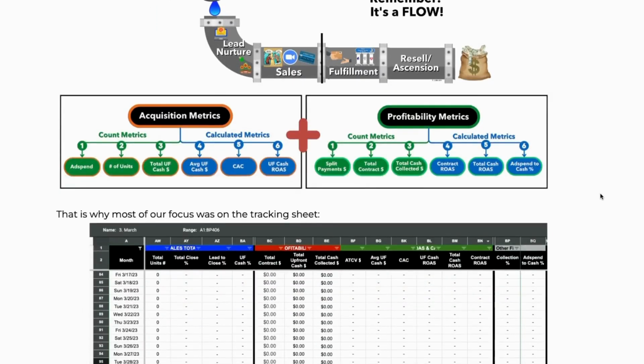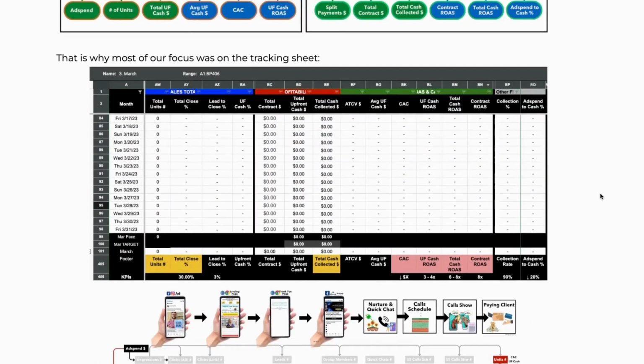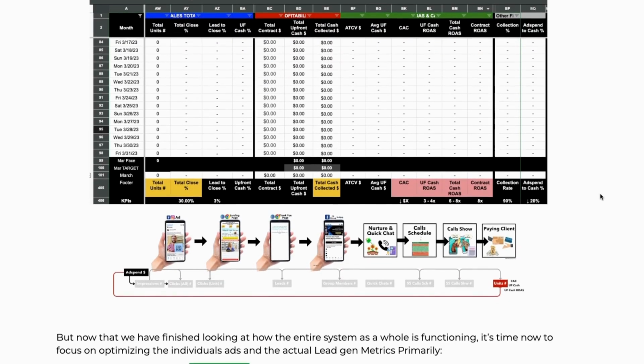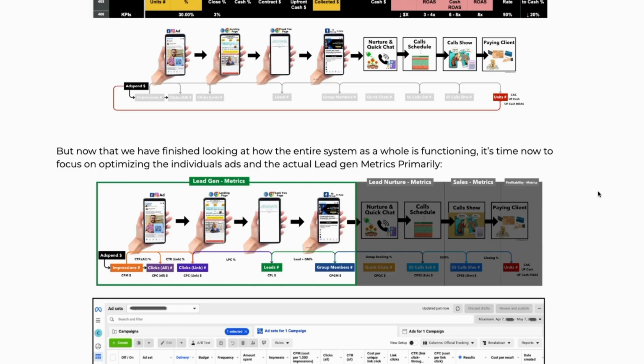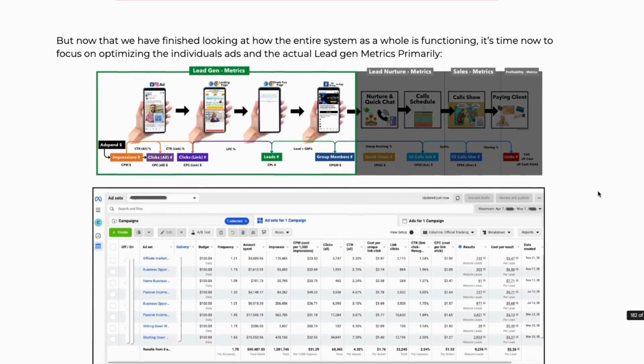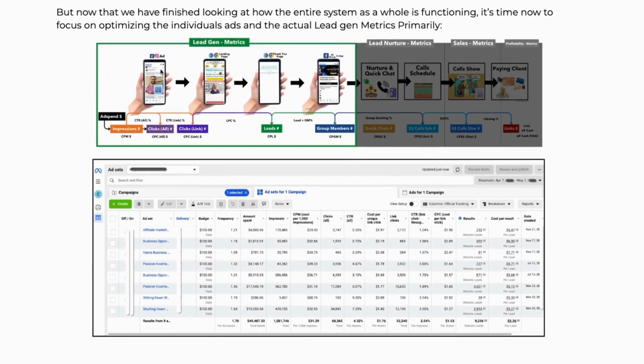That's why most of our focus was on the master tracking sheet and really looking at the inputs, the outputs, and the efficiency of those inputs and outputs. Now that we've finished looking at that entire system as a whole, it's time to focus on the individual pieces, specifically the ads pieces that make up a part of that acquisition system. That's primarily what we're going to be doing inside of this training section.